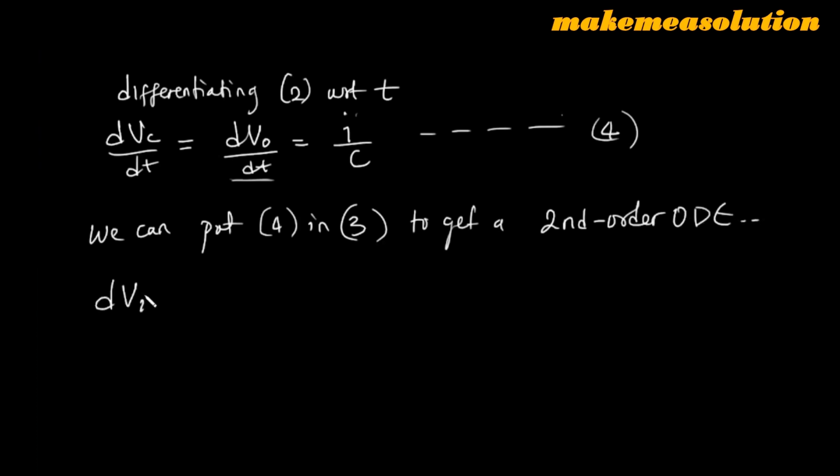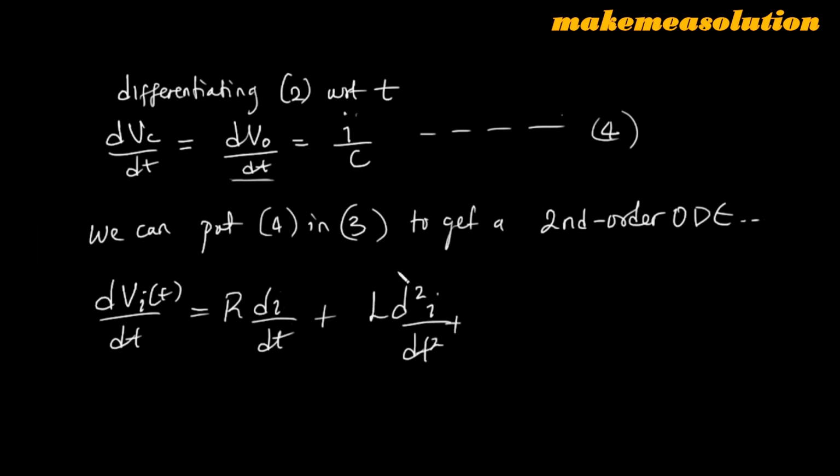The dVi of t by dt is equal to R di/dt plus L d2I by dt squared, then plus, instead of I over C, I can have dV naught over dt. Is that okay? So let me write it well.